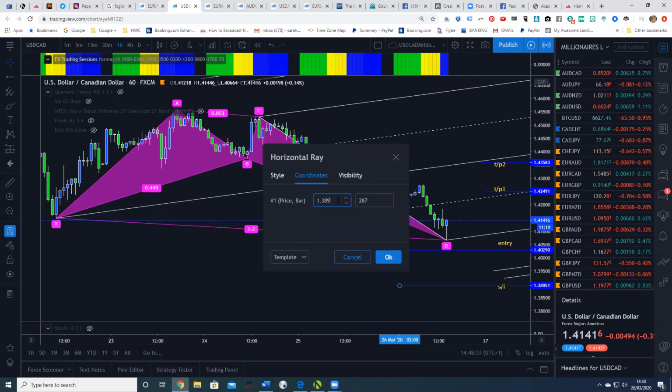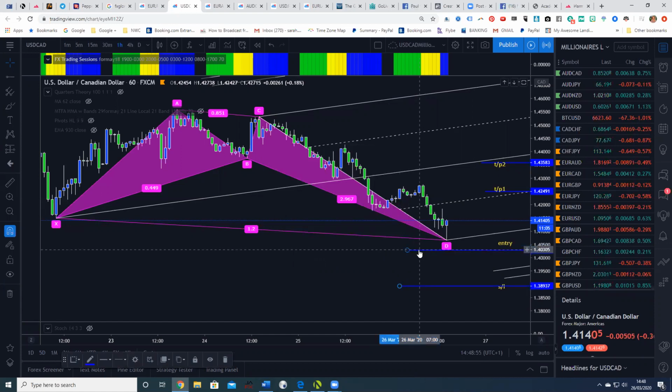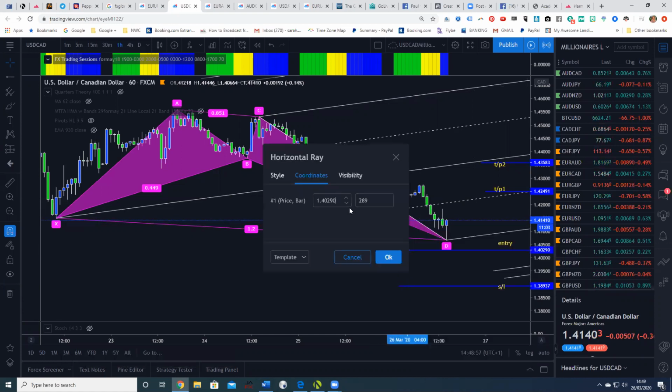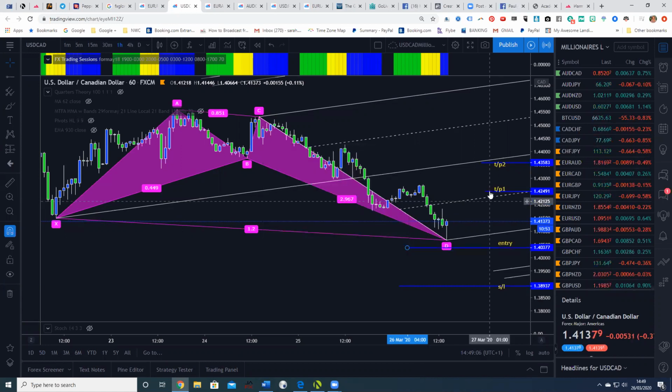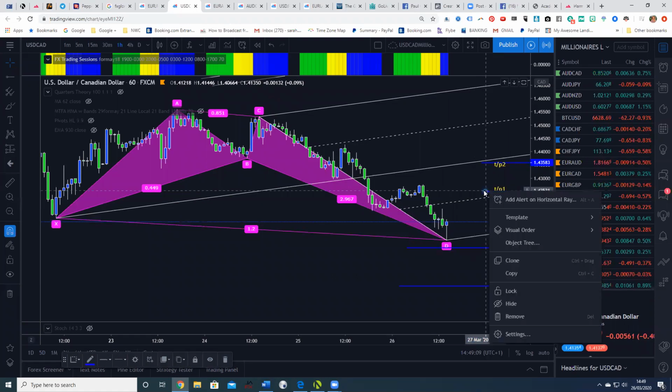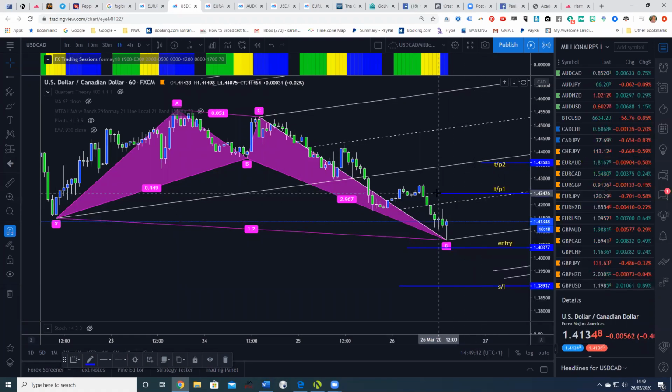You won't be able to see it, and I don't want to draw them all the way across. Entry point at 40377. And take profit 1491, round about there.